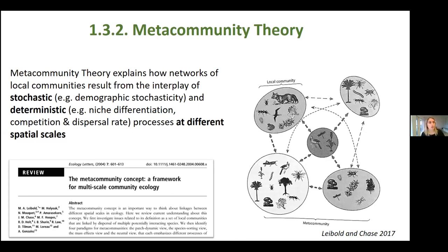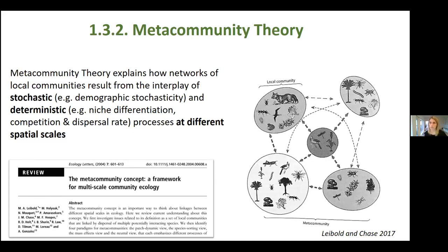So meta-community theory explains how networks of local communities result from the interplay of stochastic, like demographic stochasticity, and deterministic, like niche differentiation, competition, and dispersal rate, processes acting at different spatial scales.